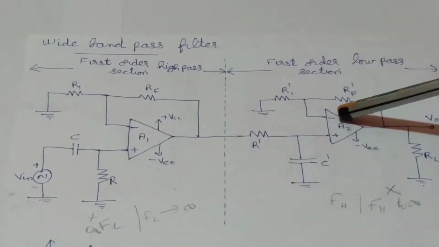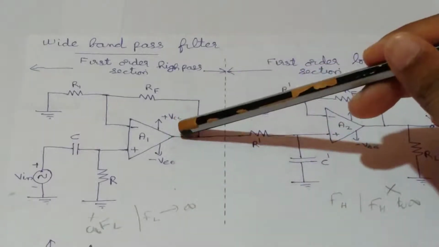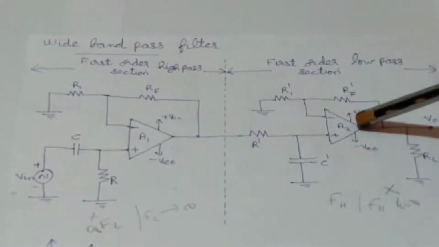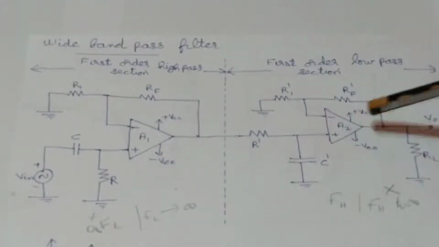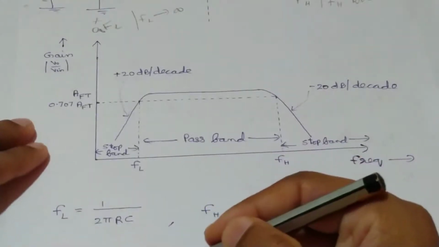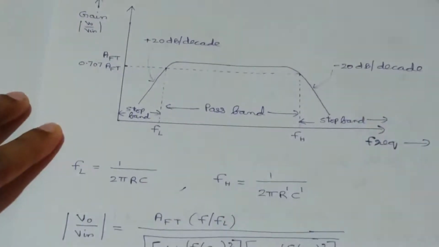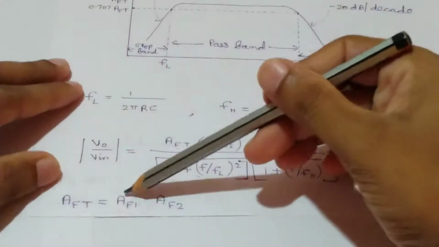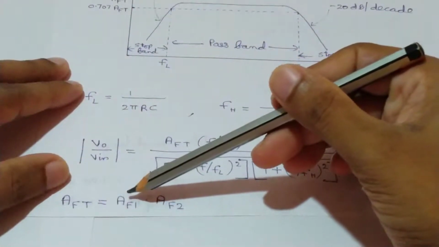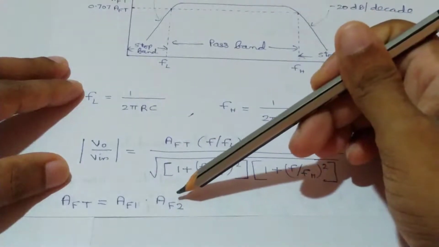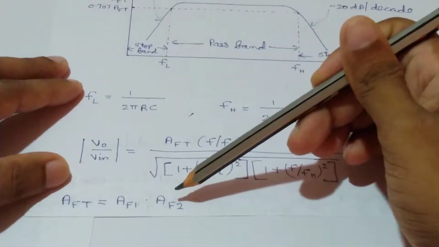Also in designing, the gain of these first order high pass and low pass filters should be chosen carefully. The total passband gain AFT is equal to AF1 into AF2, where AF1 is the passband gain of the first order high pass filter and AF2 is the passband gain of the first order low pass filter.